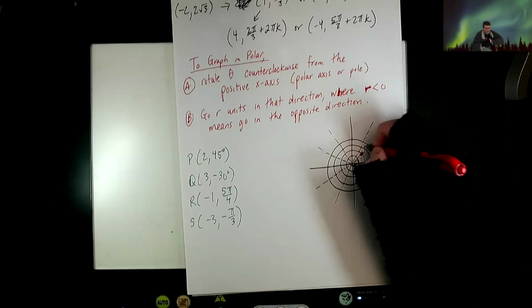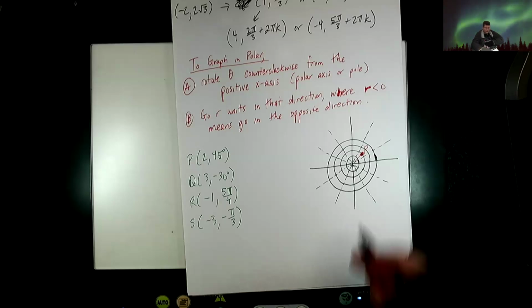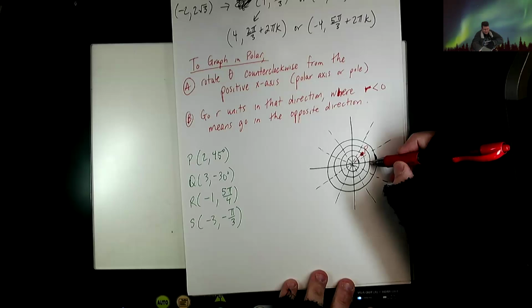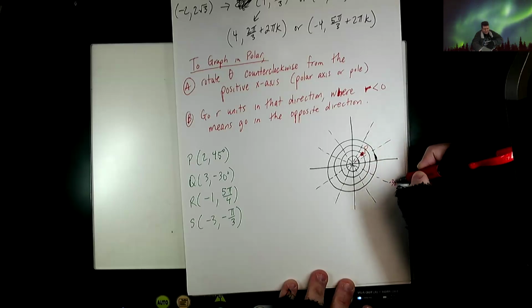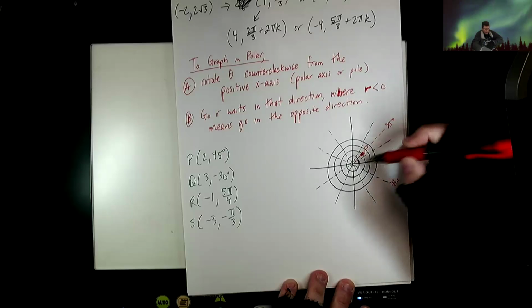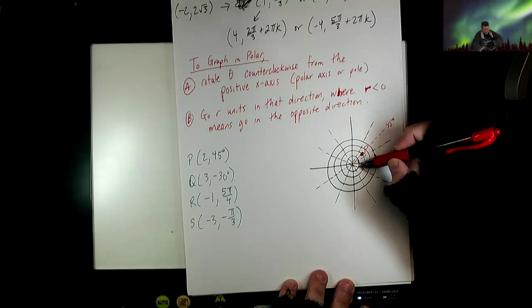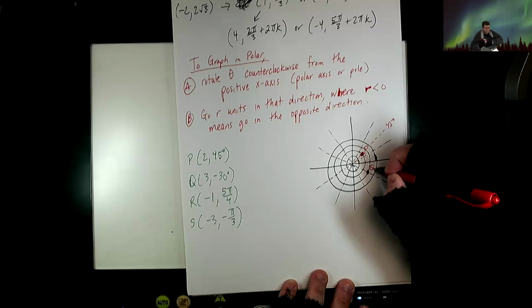That would be point P. For Q, I'm going to rotate -30 degrees, which is along this axis. And we're going to go from the center out 3 steps. And that'll be our Q.